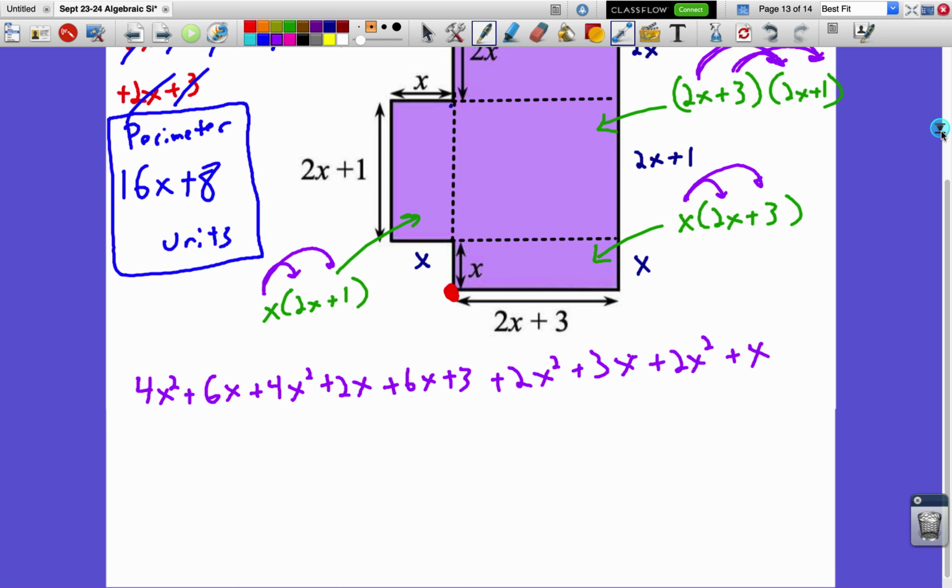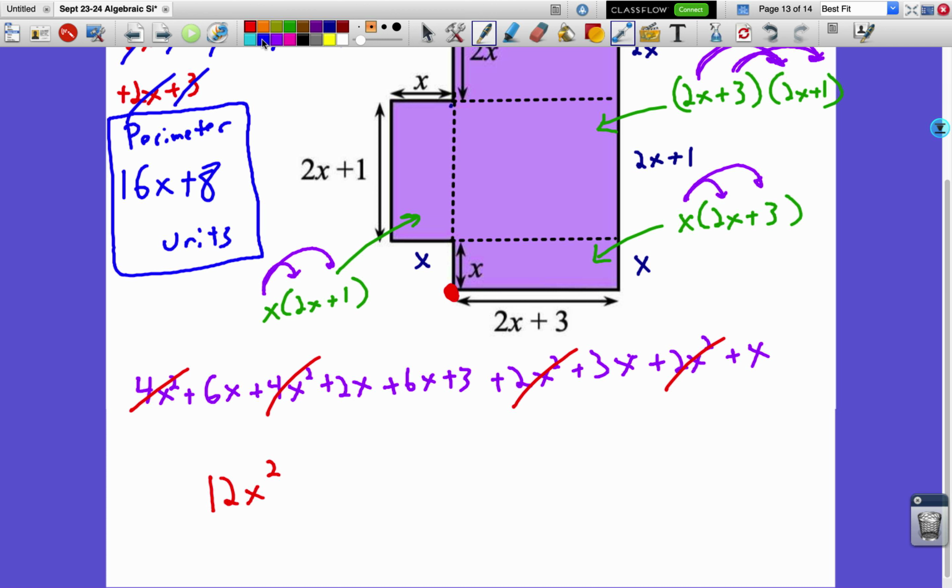Time to combine like terms in this very massive expression, so cross outs can be very helpful. First, I'll go for all my x squared terms, because for things to be like terms, they have to match in variable and exponent, so I can only combine x squareds with other x squareds. So that's 4x squared, 8x squared, 10x squared, 12x squared.